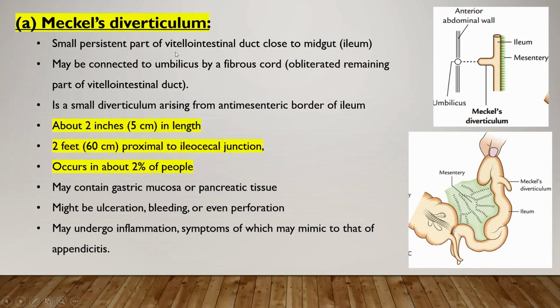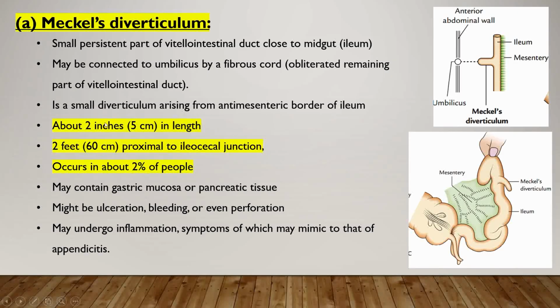It is a small persistent part of vitellointestinal duct which is close to the midgut, that is ileum, and it may be connected to the umbilicus by a fibrous cord. Here there can be a fibrous cord, and it is obliterated, and it is a small diverticulum arising from the anti-mesenteric border of ileum.